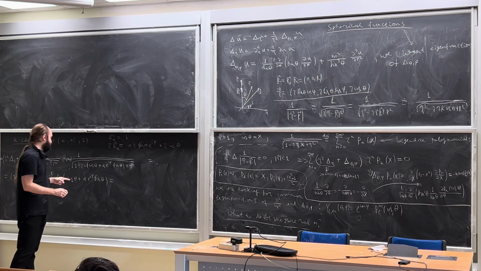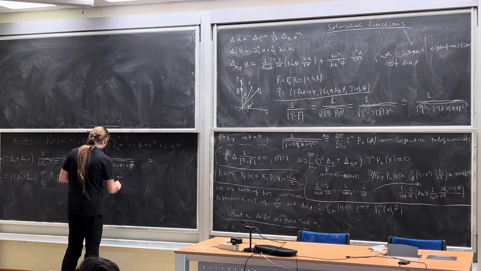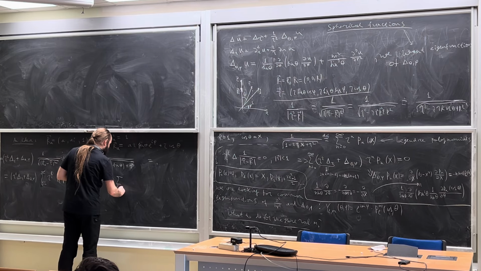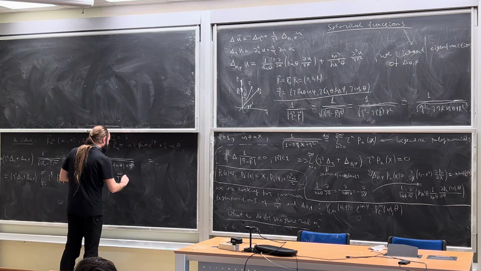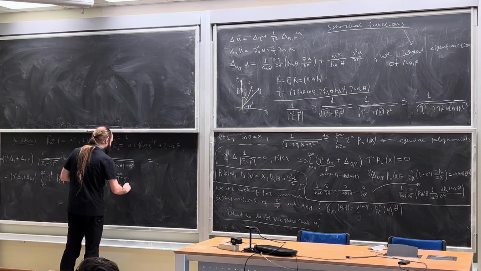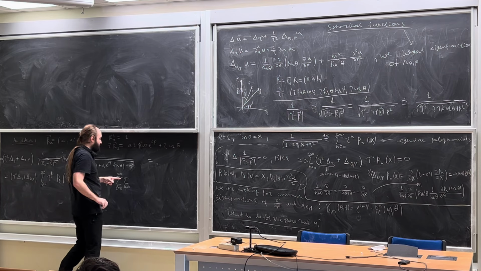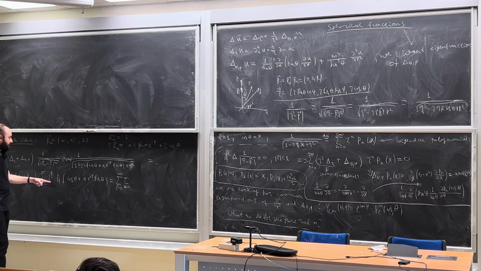And finally, we have this expression: the sum from l equals 0 to infinity, sum from m equals 0 to... By the way, can we terminate the sum in m at some value? And if yes, at which value? If you try to expand them as a Taylor series.